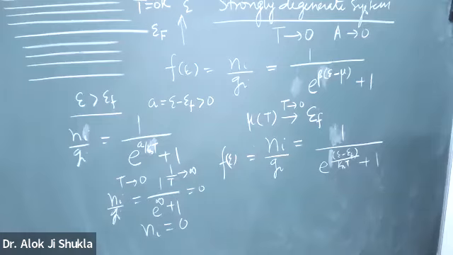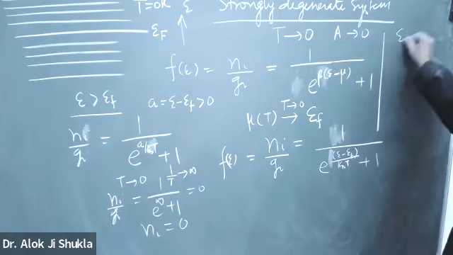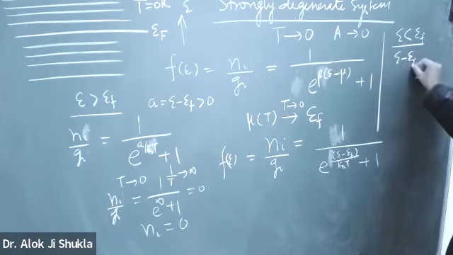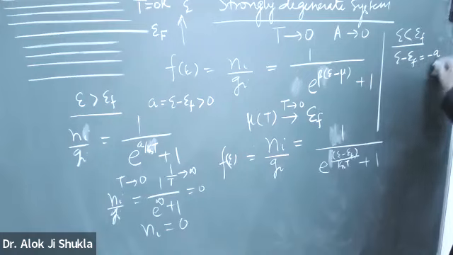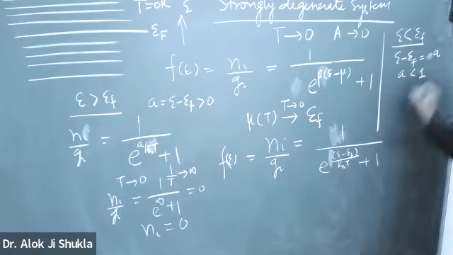And if you take E less than EF, then E minus EF is minus A, and A is less than 1.